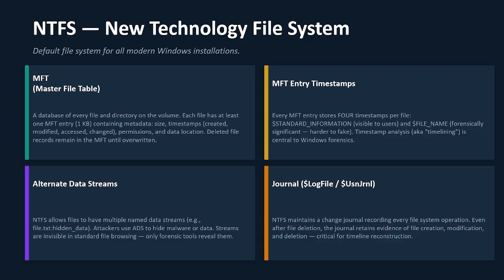Each MFT entry is 1 kilobyte in size, which contains the metadata: size, timestamps, which are created, modified, accessed, and changed, permissions, and data location. Deleted records will remain in the MFT until they become overwritten.